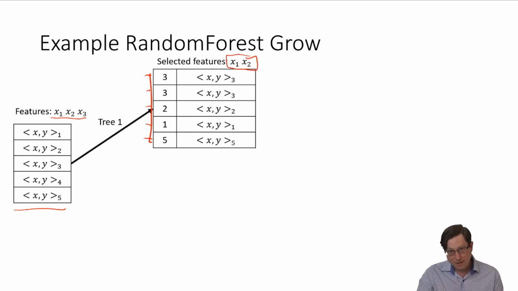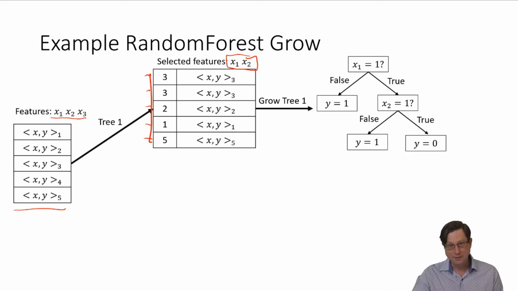That means this tree may not use X3 in any of its splits, just completely off the table. Grow the tree using the regular decision tree learning algorithm that you have probably implemented by now, or it's in your homework and you should start implementing it soon. Start pretty soon, don't fall behind. You might learn a tree that looks like this. It tests on X1, it tests on X2, there's no X3, that's off the table.